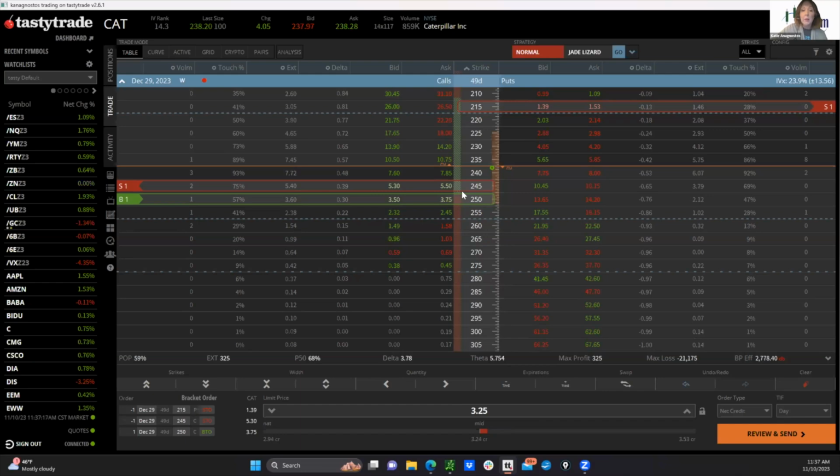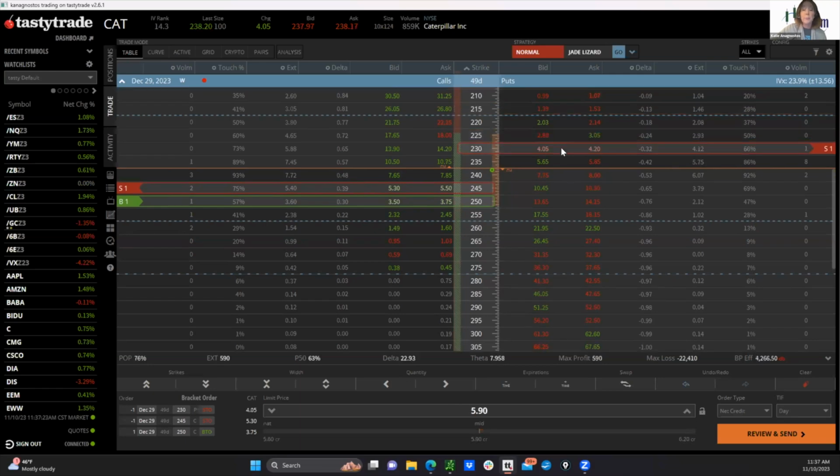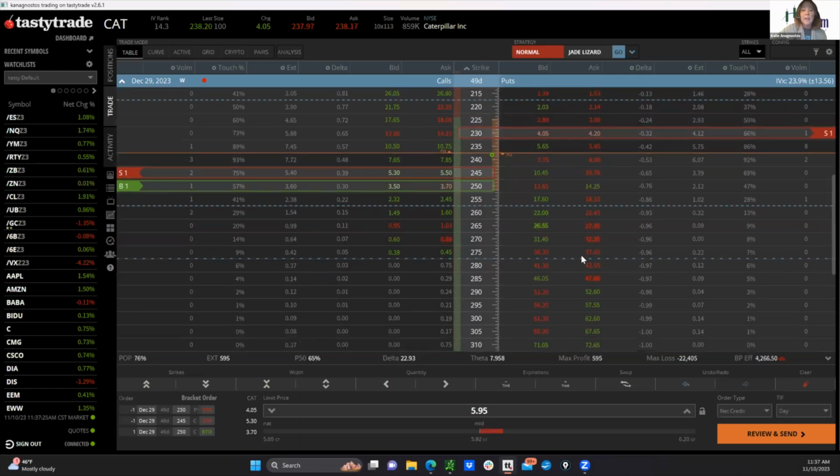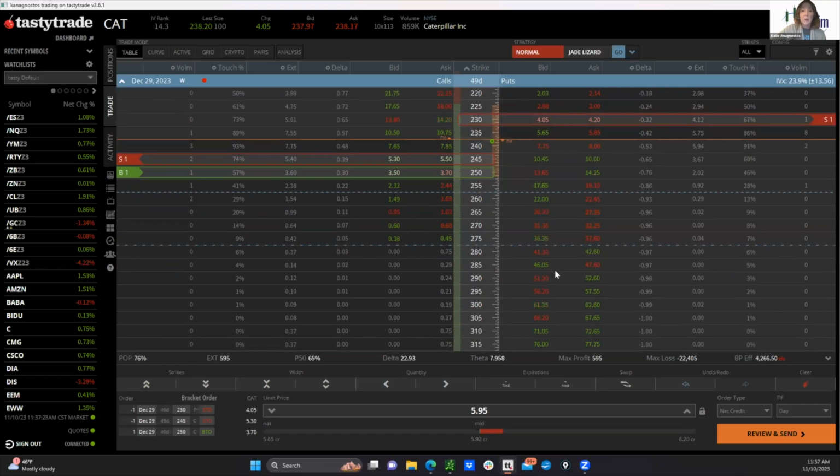So we need more than $5. So let's move our short put up to the 230 put. That is going to give us a total credit collected of, let's just move it up to $6 and lock it in so that we can just use the math like that very easily.